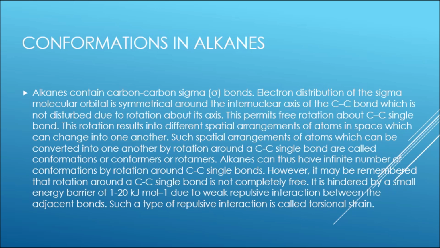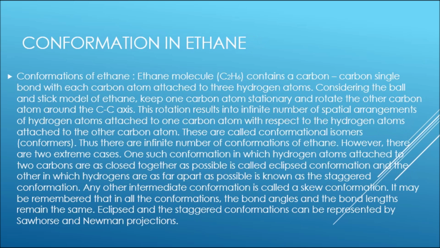However, it may be remembered that rotation around a C-C single bond is not completely free. It is hindered by a small energy barrier of 12 kJ per mole due to weak repulsive interaction between the adjacent bonds. Such a type of repulsive interaction is called torsional strain.